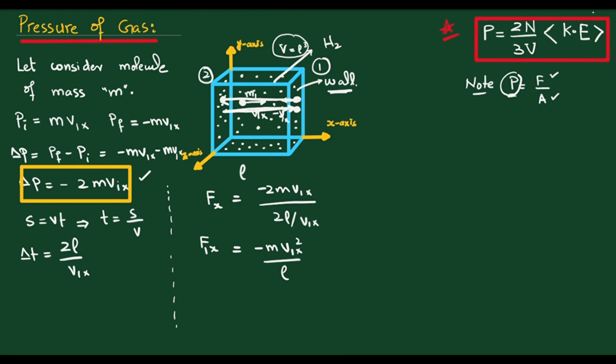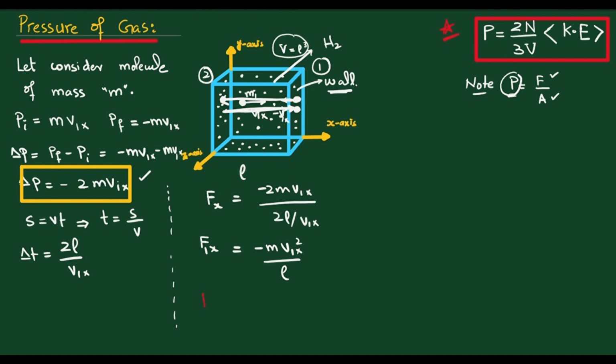Now we have a question for you. Is this force F1x a force of the molecule on the wall, or a force by the wall on the molecule? The answer is, as the momentum of the molecule is changed by the wall, this is the force of the wall on the molecule. If we want the force of the molecule on the wall, we apply Newton's third law, which tells us that both forces are equal in magnitude but opposite in direction.